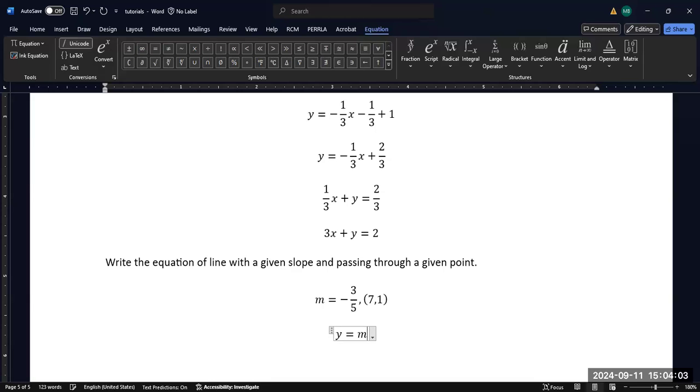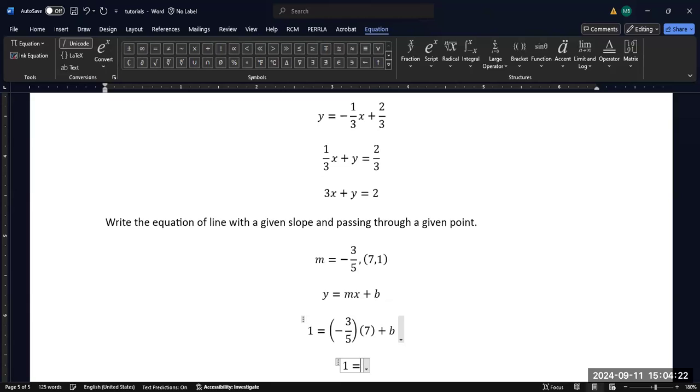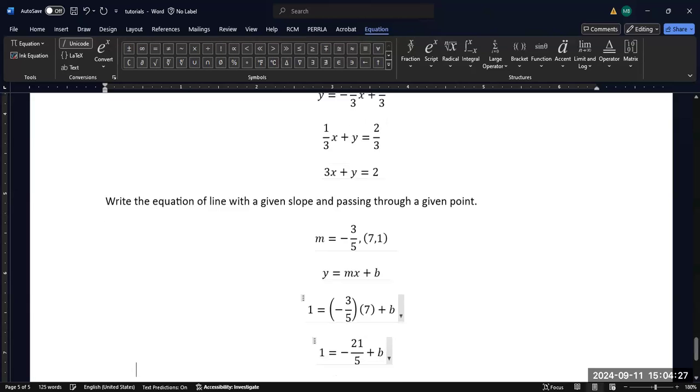So if I start with y equals mx plus b, then I would plug in my point and my slope in order to find b. So y is 1, m is negative 3 over 5 times 7 plus b. That's going to give me negative 21 over 5.